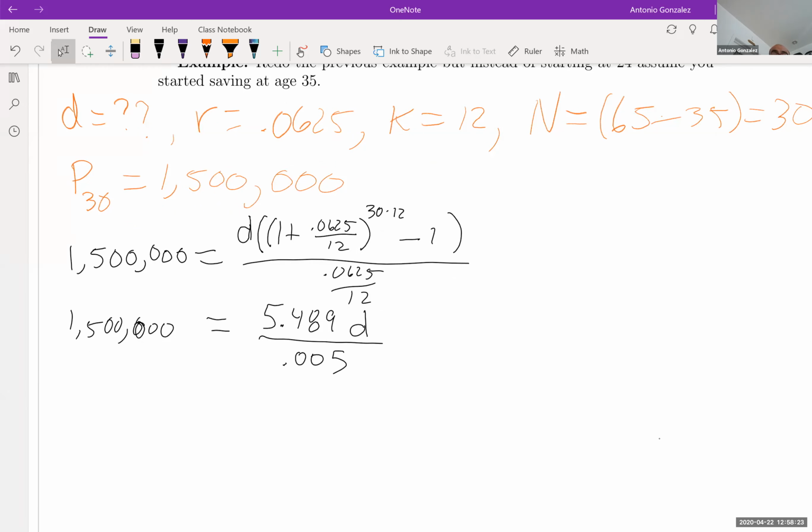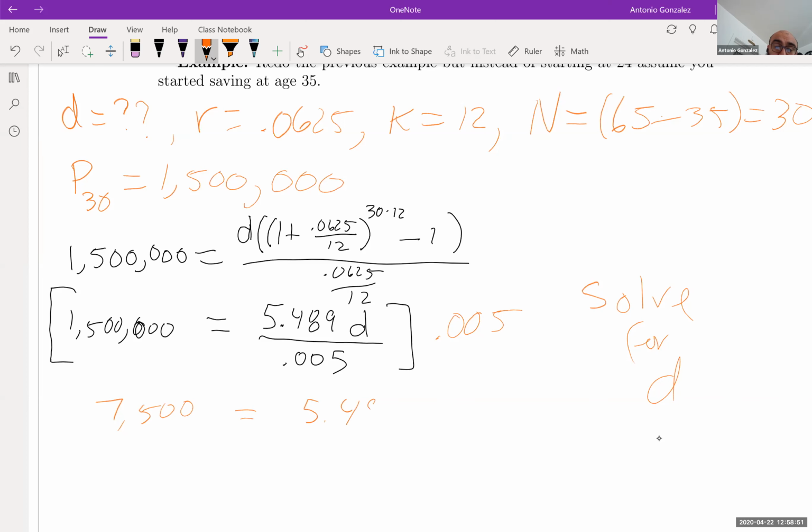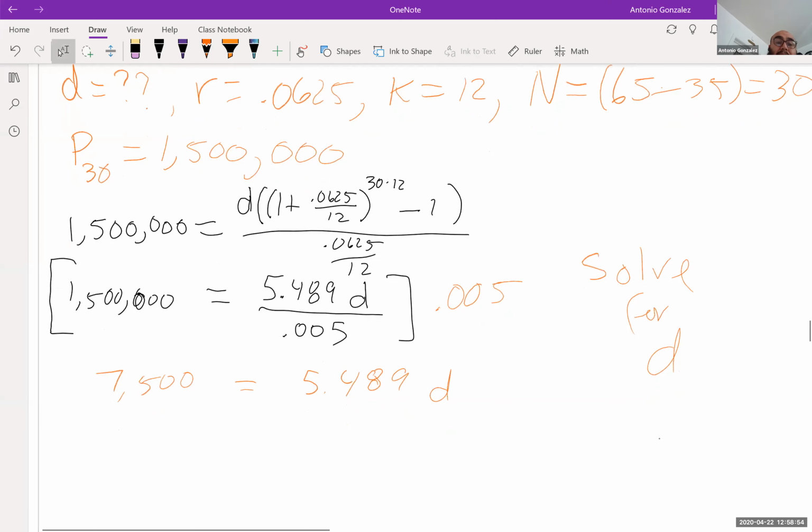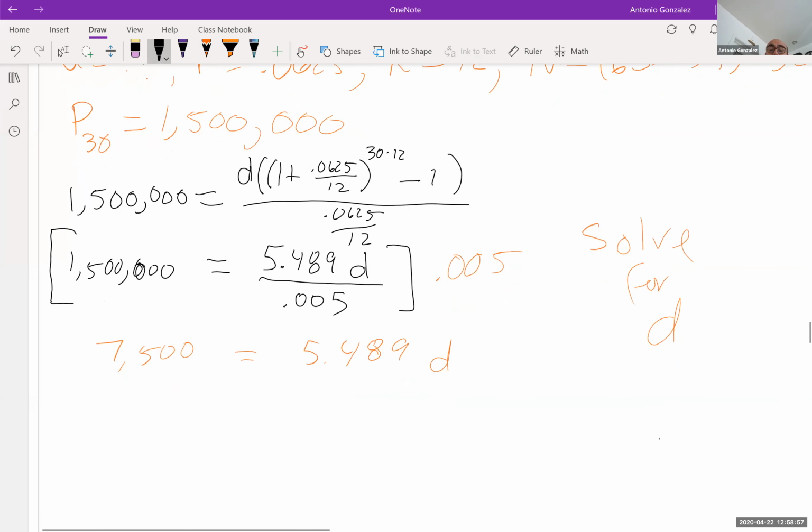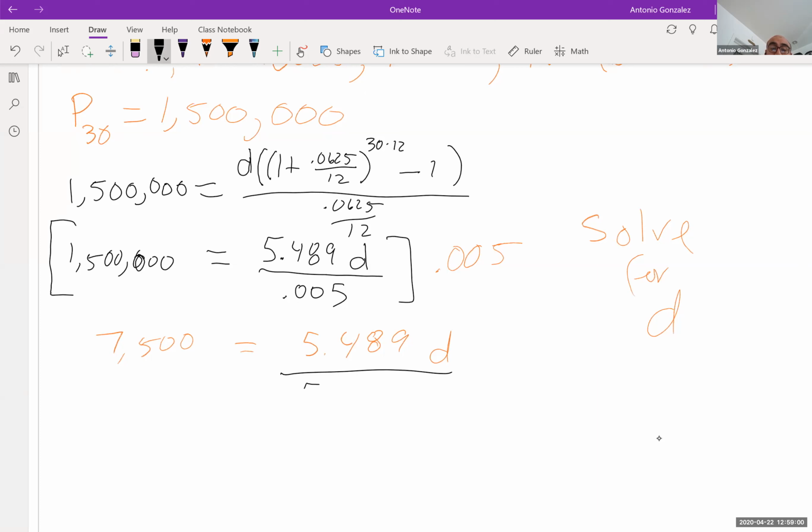So now the question becomes solve for D. If I divide by 0.005, to get rid of it, you multiply both sides. So that leaves me 7,500 equals 5.489 D. And lastly, if we're multiplying by that quantity, divide by it to simplify it to 1.